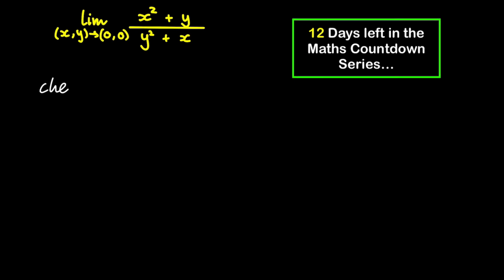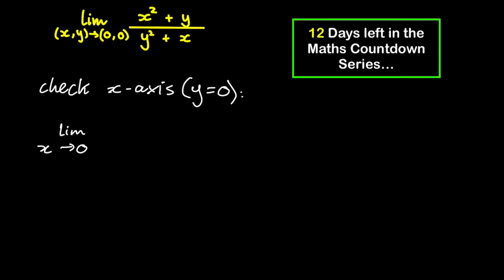So we are going to check along the x-axis, or the y equals 0 line. Along the x-axis, our y is 0, so we can substitute in 0. So we now have the limit as x approaches 0, and y is 0 everywhere, so we're not going to have y in this function anymore.